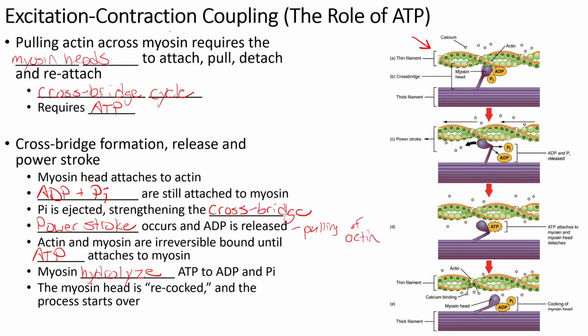And that's going to allow it to release from its old position, recock itself, and reattach. Okay, so that's the role of ATP in excitation contraction coupling. And this went way long, so I'm going to stop it here, and we should only have one more, and then we'll be done.